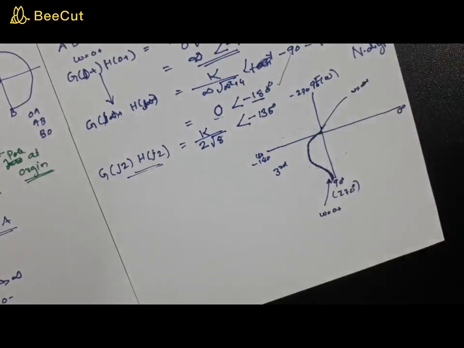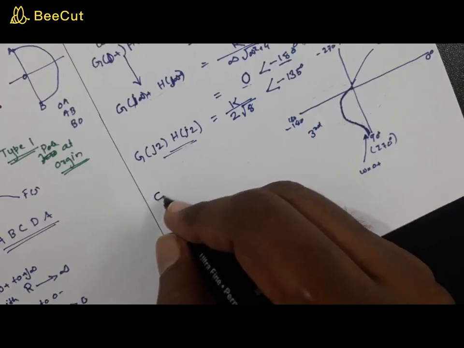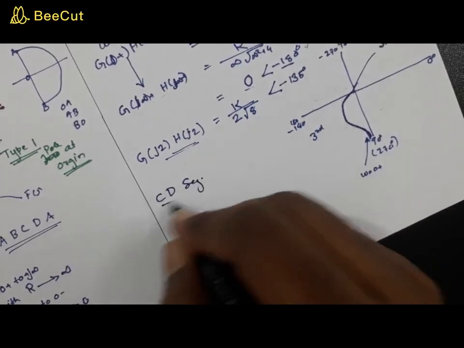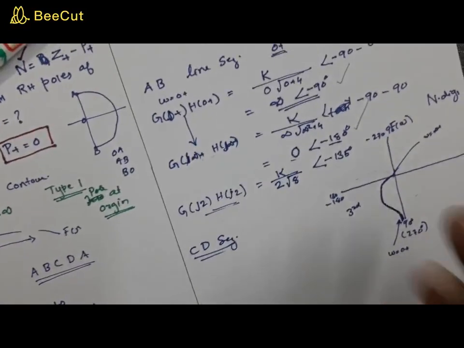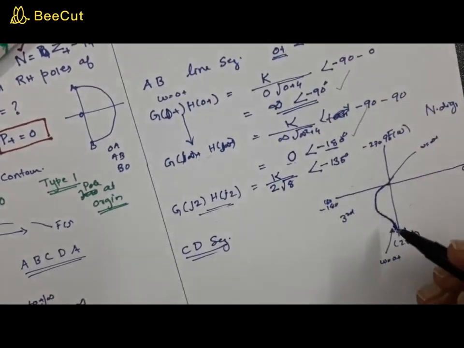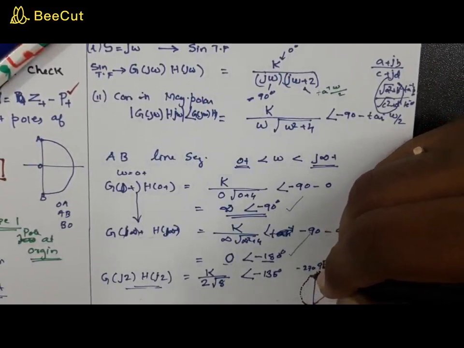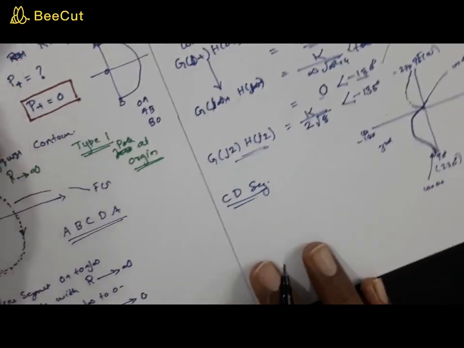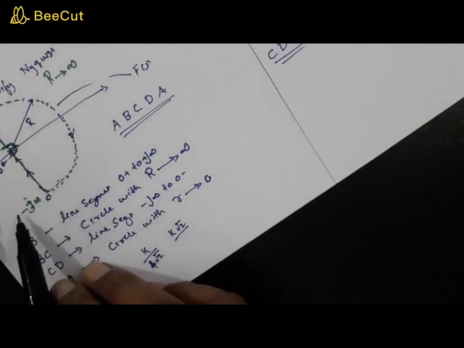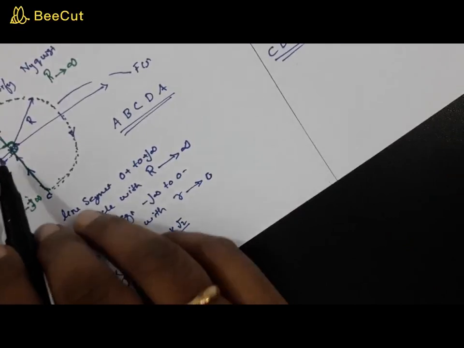Now you can also straight away find out the CD segment. What is the CD segment? As I've already told you, you don't have to do this. The CD segment is exactly the mirror image of this. That means you're going to get it like this. What is the first point to be plotted? That is minus j infinity, and it will be plotted in this direction, minus j infinity to 0.